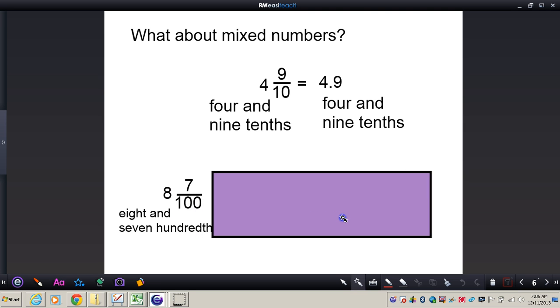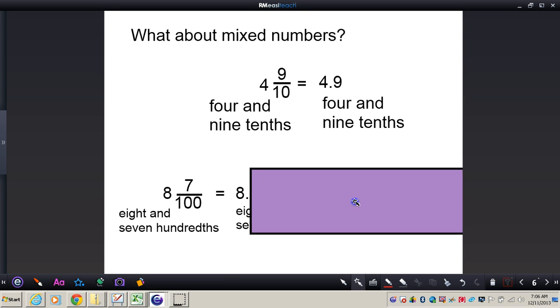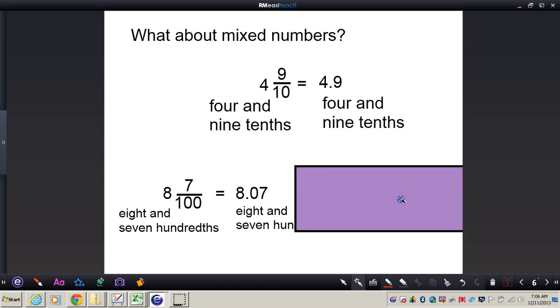Okay, let's say I have 8 7/100. I want you to write this down. 8 7/100. First of all, my whole number will just be written like this, 8 with a decimal to the right. 7 is going to be in my decimal. However, my 7 needs to fall in my hundredths place, so I need to write it as 8.07.